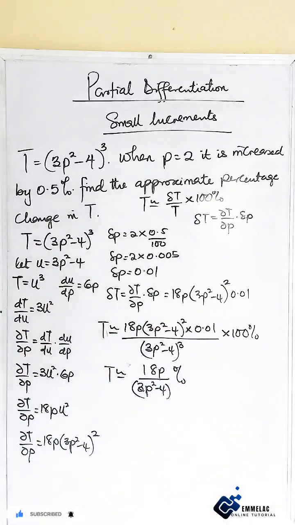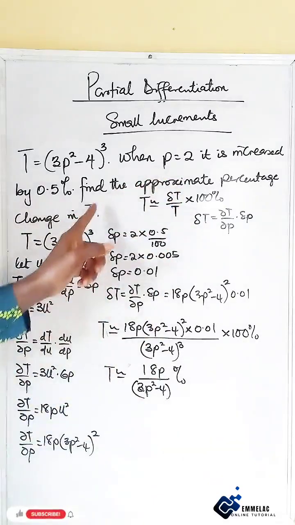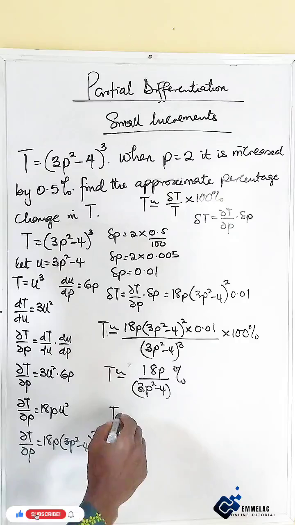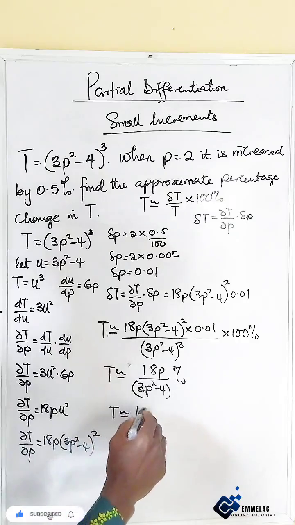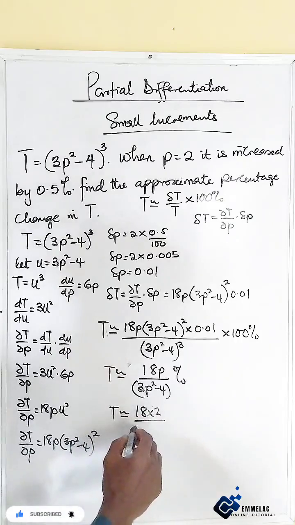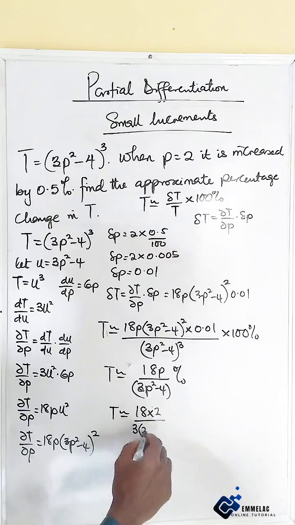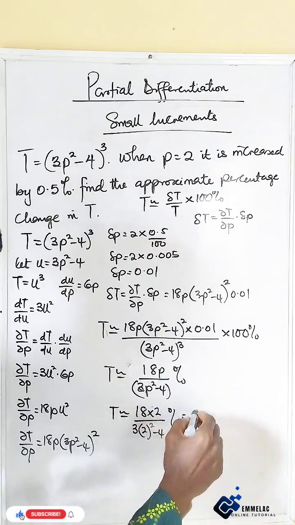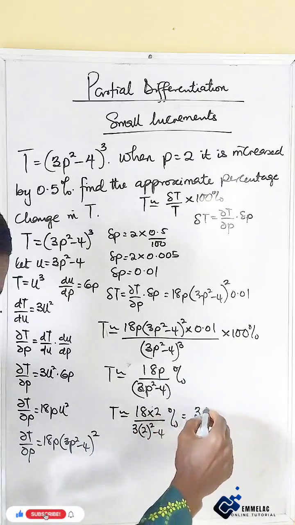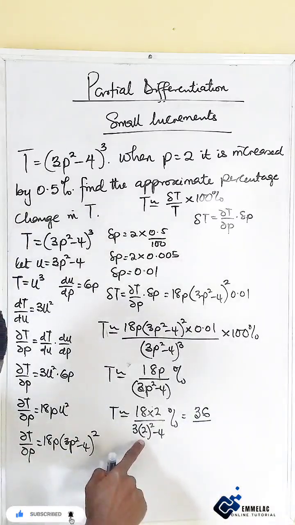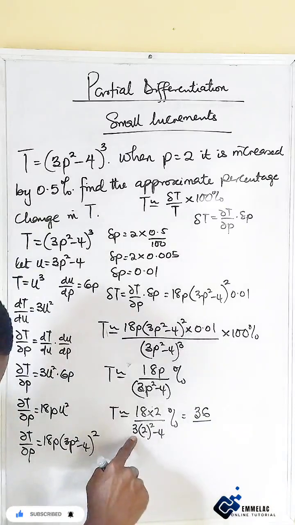So to this end, let us plug in the value of p to get the approximate value. Here we have that t will be 18 times 2 all over 3 into 2 raised to the power of 2 minus 4, taking out percent. So here you have 36 all over, now 2 squared is 4, and 4 times 3 is 12.